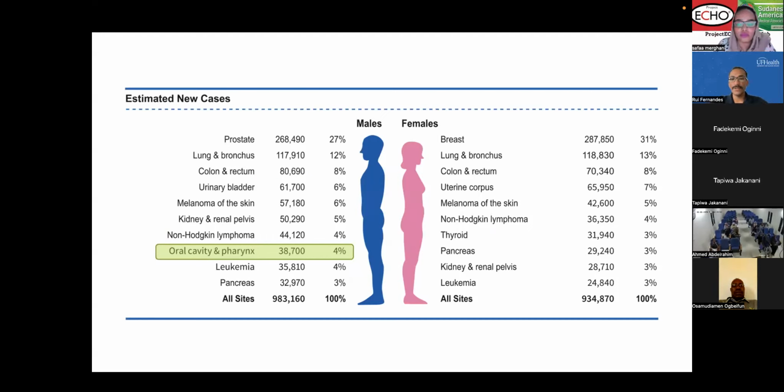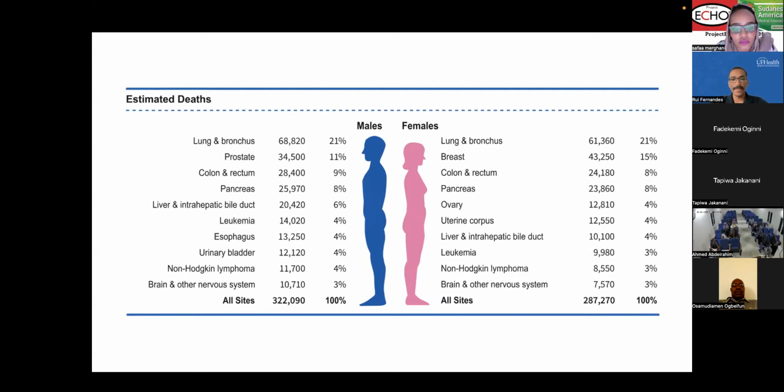In females, it does not make the top 10. But thankfully, when you look in terms of death, neither for males nor females does head and neck make the top 10. So you typically see other malignancies affecting other sites, although you can say that esophageal malignancy can at times, depending on the location, potentially be within the head and neck site.